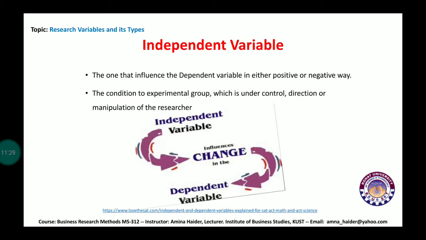The researcher changed certain parameters like room color, the room temperature, the working hours, and then he tried to study the effect on workers' productivity. So here, worker productivity is the dependent variable. It is influenced by the independent variables, that is, the different variables that we changed or manipulated are the independent variables.